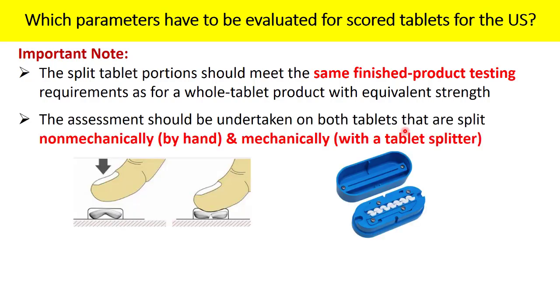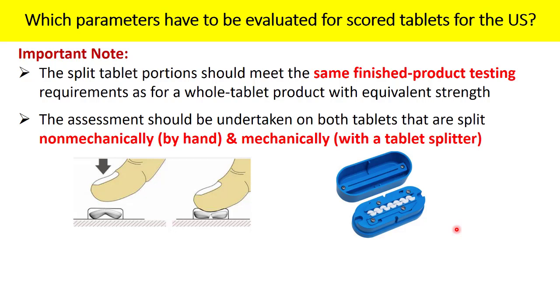The assessment should be undertaken on tablets that are split non-mechanically, I mean by using the hand. You can see in picture 1, the tablet has been split with the help of the hand, that is manually, and mechanically with the help of a tablet splitter, that is in the second diagram. So irrespective of what tools you are using to split a tablet, you have to understand the impact of the splitting.